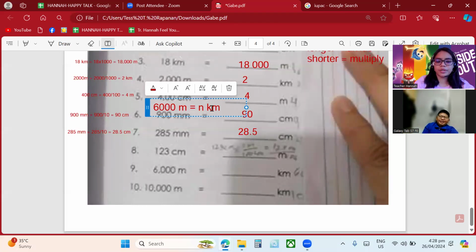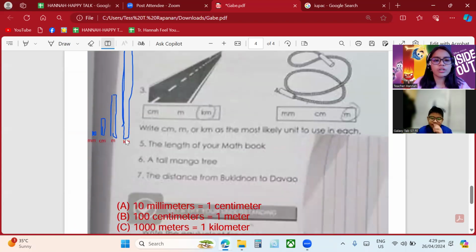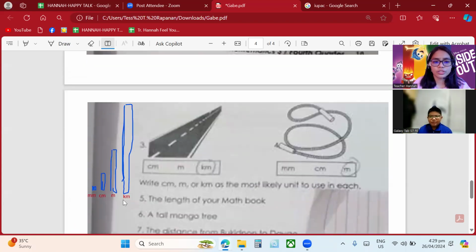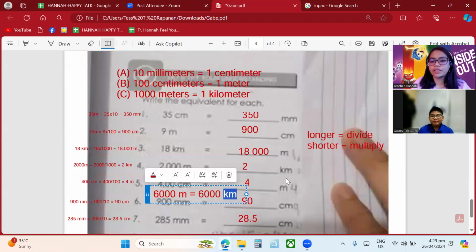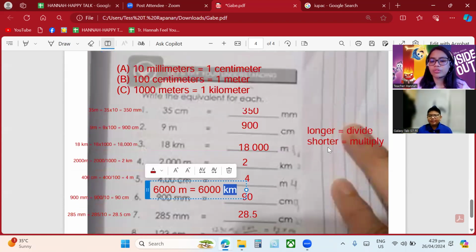Copy the number. Meters going to kilometers. Is it longer or shorter? Longer. If it is longer, divide or multiply? Divide. So we will use division.